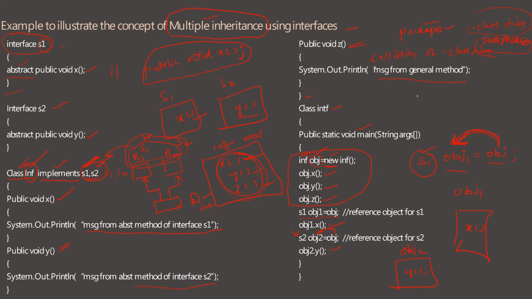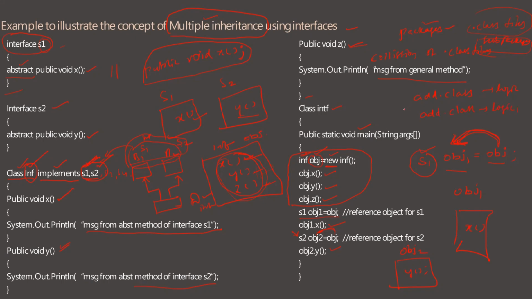What is the meaning of this? Suppose I have created one class called add.class with some logic in it, and another person, or maybe I, have created one more add class with another logic.